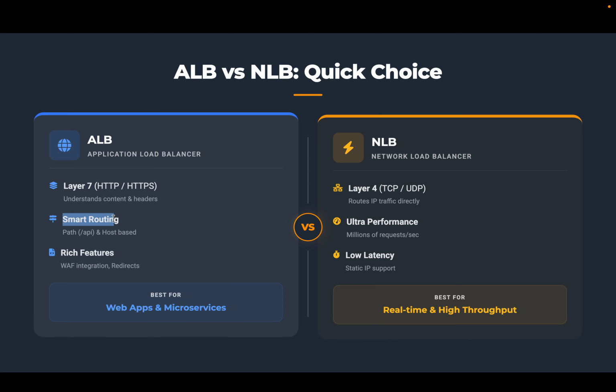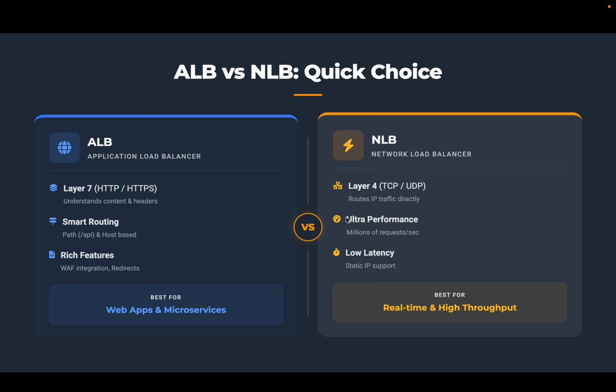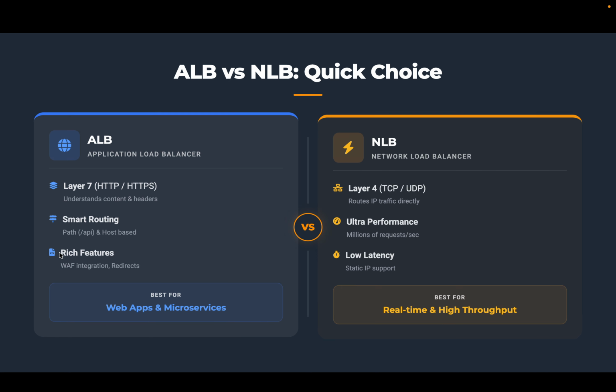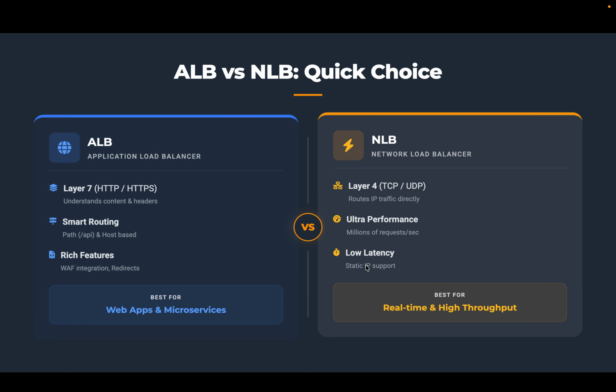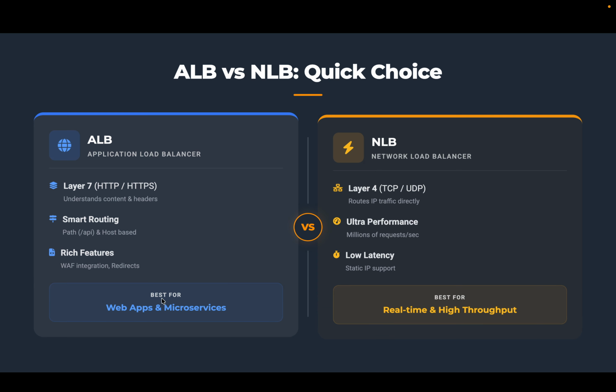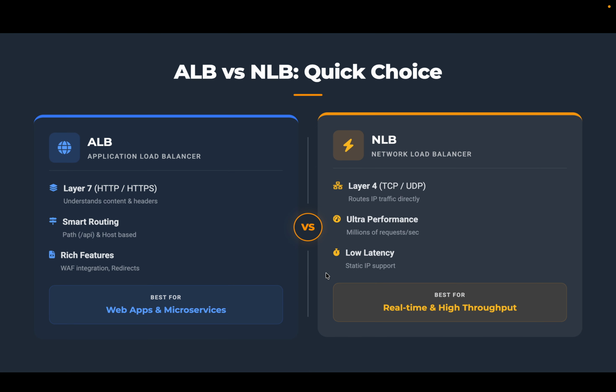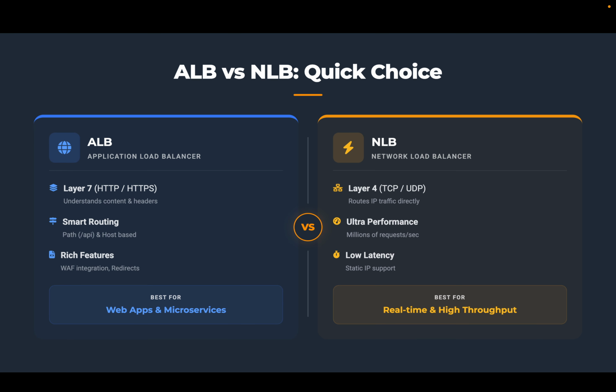The application load balancer has smart routing. The network load balancer has ultra performance, with millions of requests accepted per second. It has low latency, so it's best for real-time and high-throughput use like gaming, while the application load balancer is best for web applications and microservices. So that's how we can explain the differences.